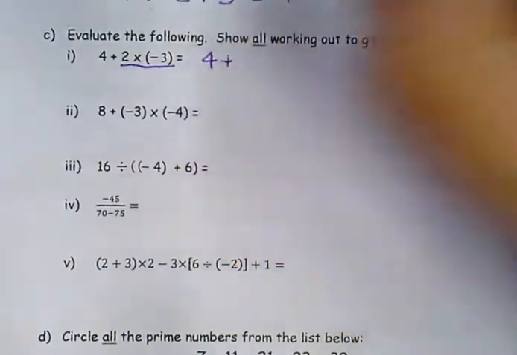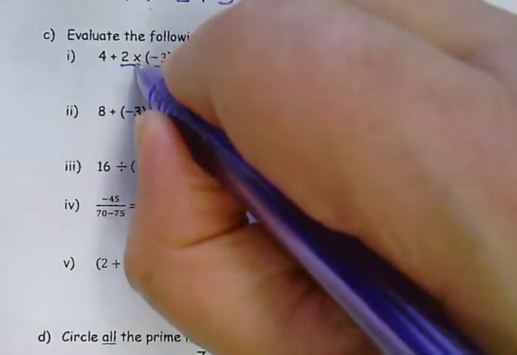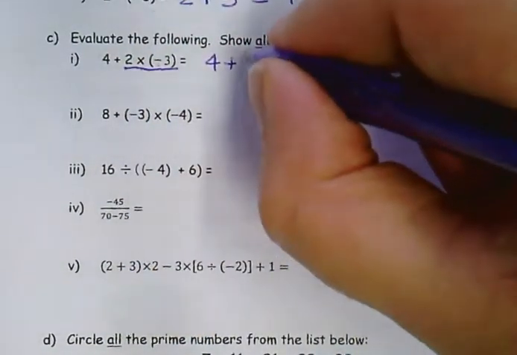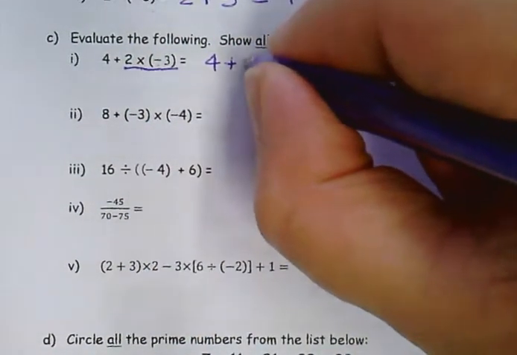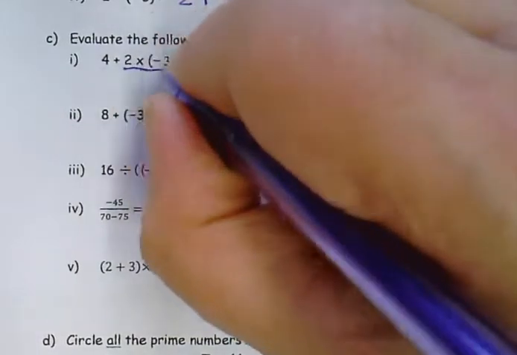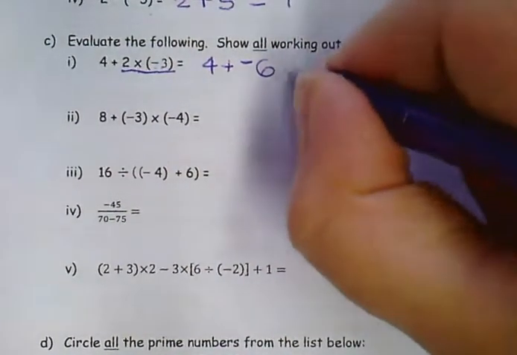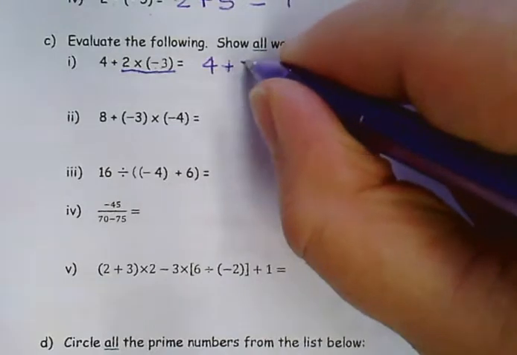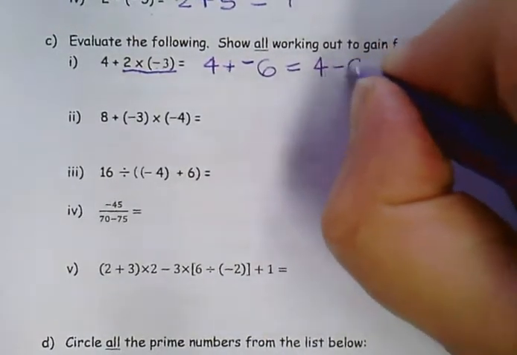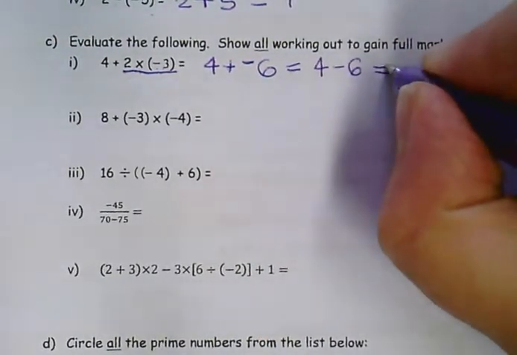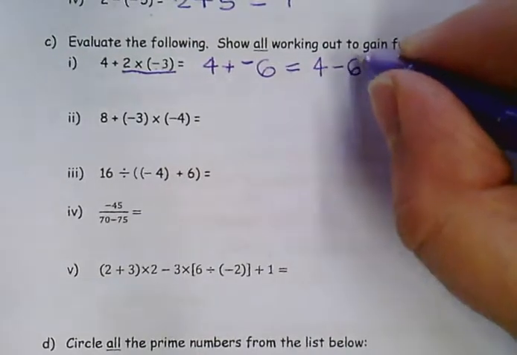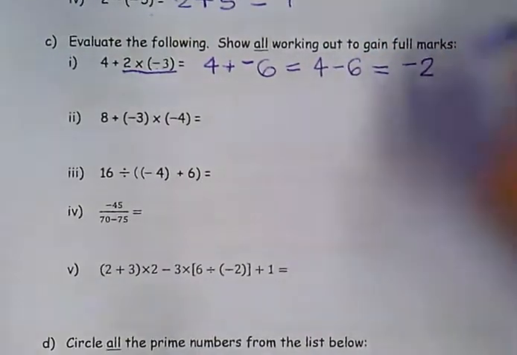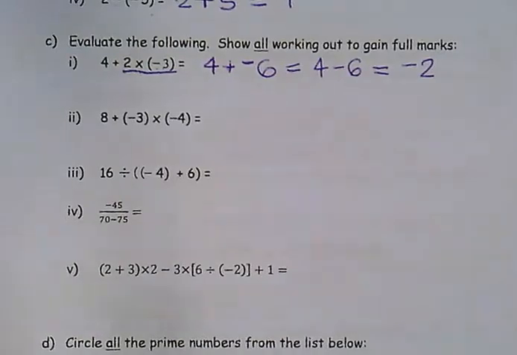So that will be 4 plus, now 2 times negative 3. 2 times 3 is 6. 2 times negative 3 is negative 6, because a positive times a negative is a negative. Now remember, your plus negative becomes a takeaway. So it's 4 take away 6. Remember, we're taking away more than what we've got, so we end up with a negative number. 4 take away 6 is negative 2.